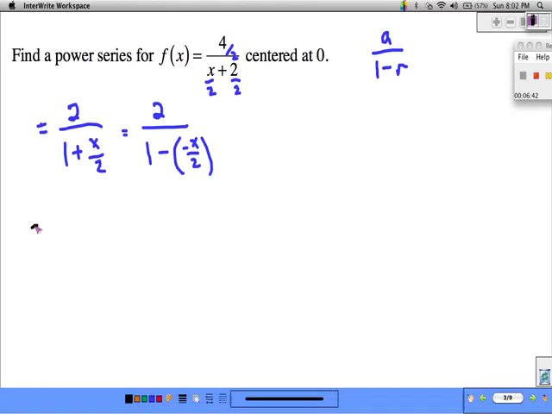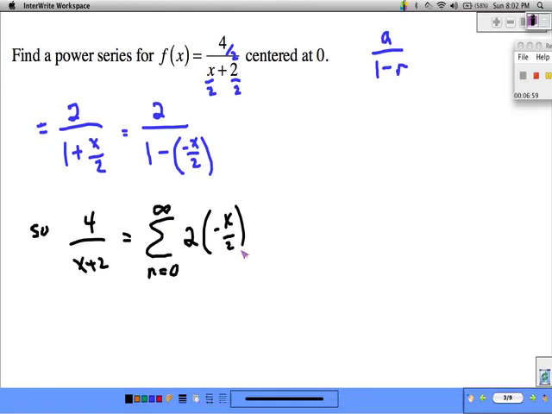So 4 over x plus 2 is given by the series n equals 0 to infinity of 2, the first term, times negative x over 2 to the n. This power series would be 2 times 1 minus x over 2 plus x squared over 4 minus x cubed over 8.